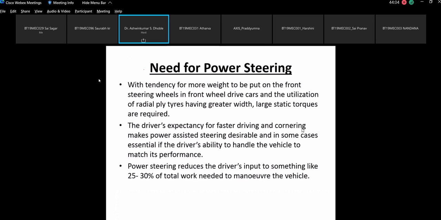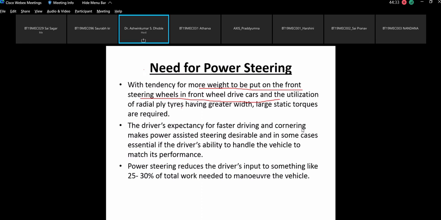Now what it says, with the tendency for more weight to be put on the front wheels, front steering wheels in front wheel drive cars, and the utilization of radial ply tires having greater width, large static torques are required. See what is going to happen if you mount the engine at the front.